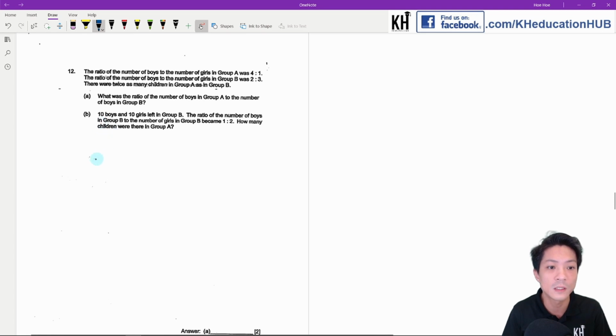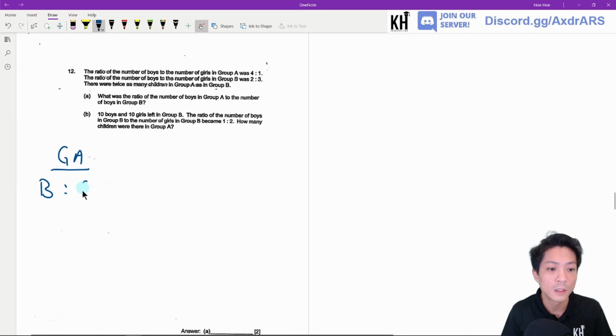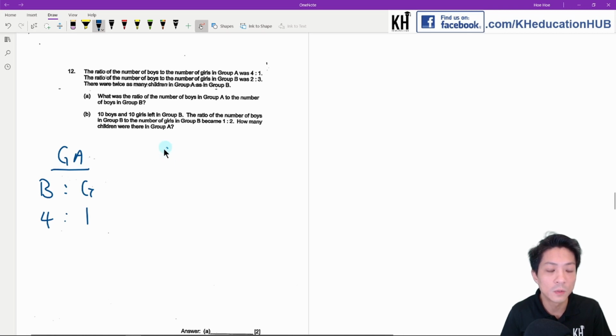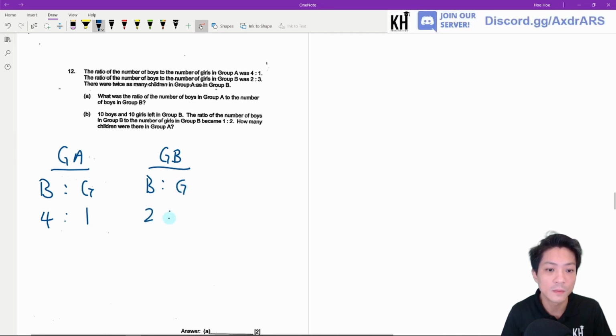Let us write down the ratio first. So for group A, boys is to girls is 4:1. For group B, boys is to girls is 2:3.